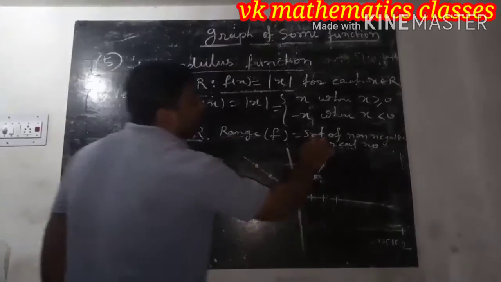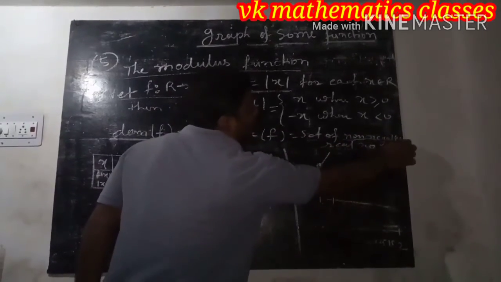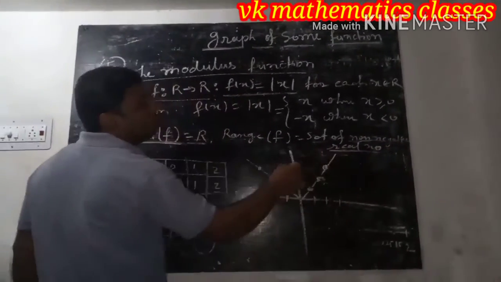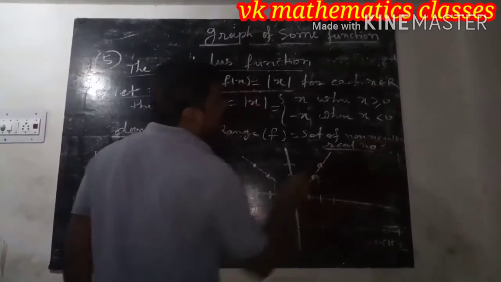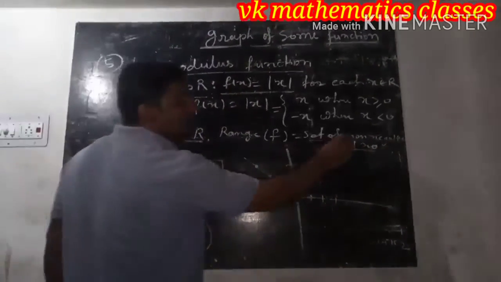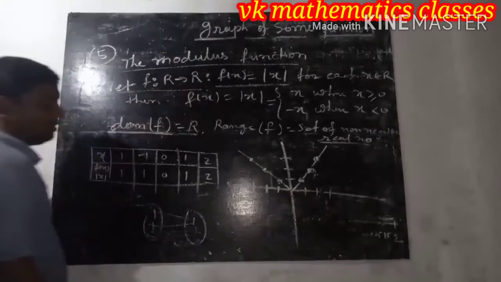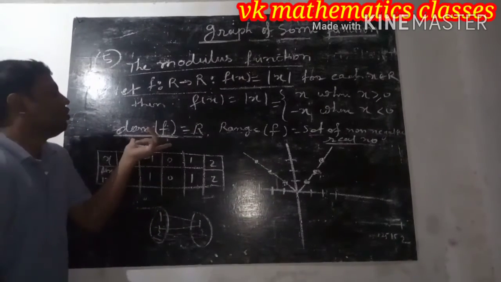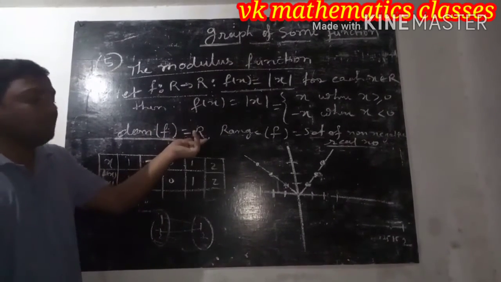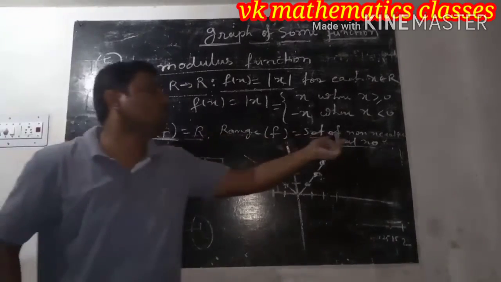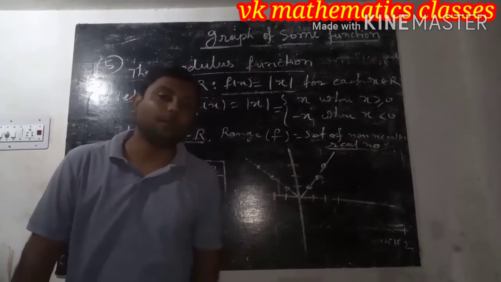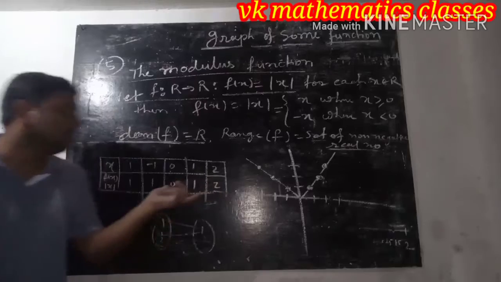So the range of f is the set of non-negative real numbers. The domain of f is the real numbers, and the range of f is the set of all non-negative real numbers.